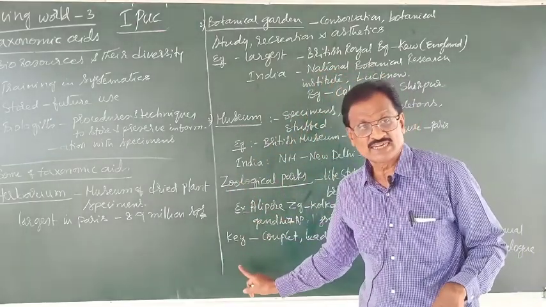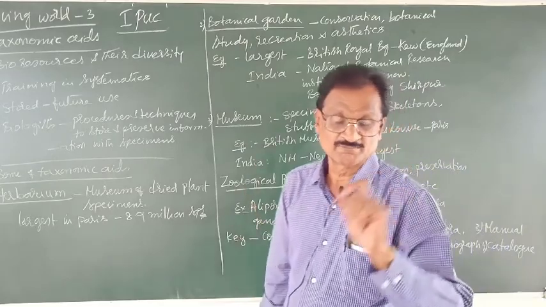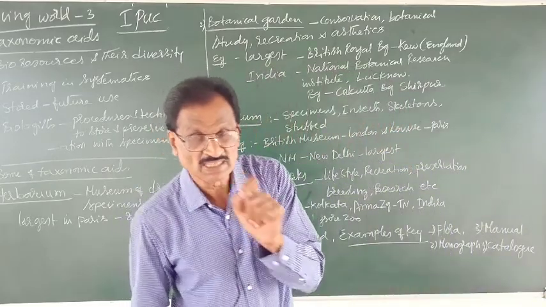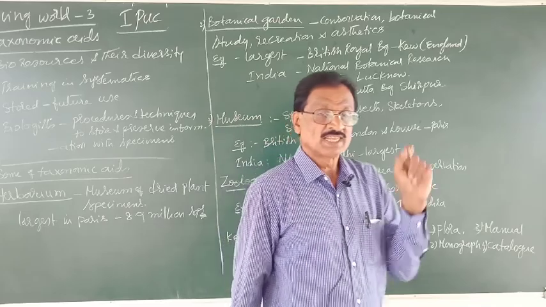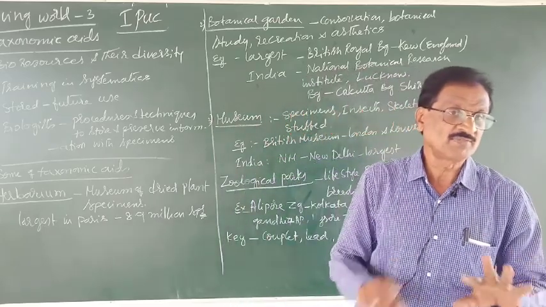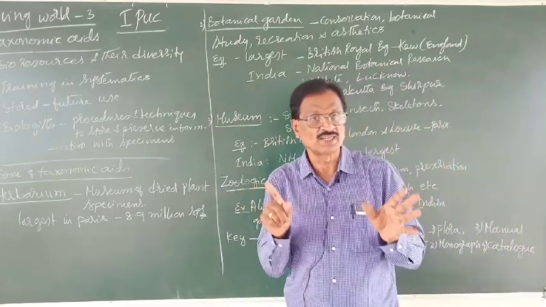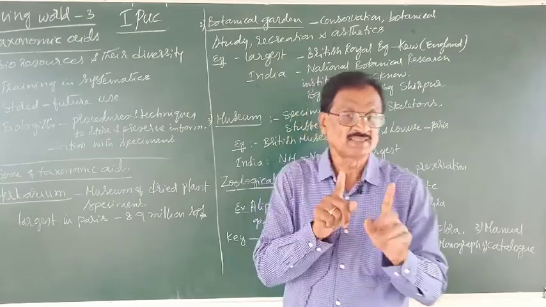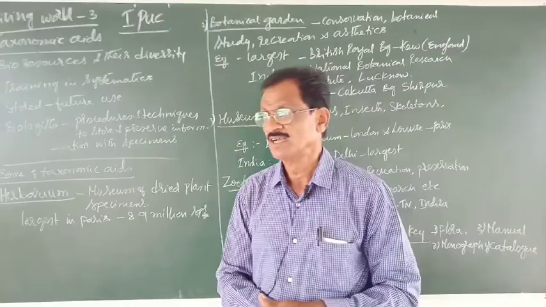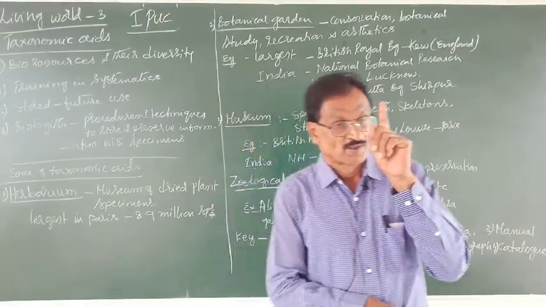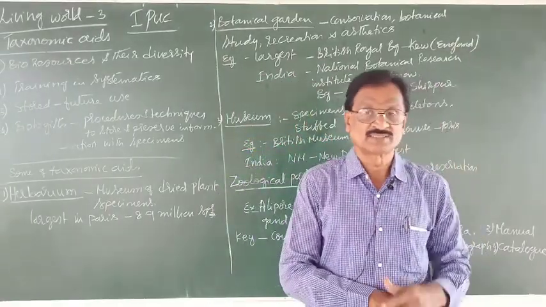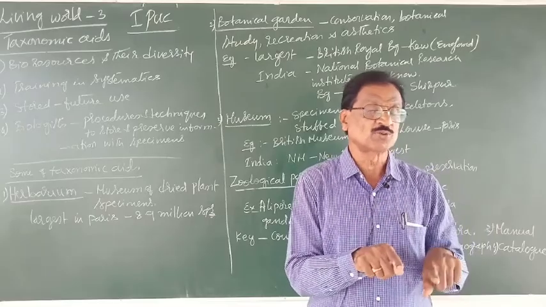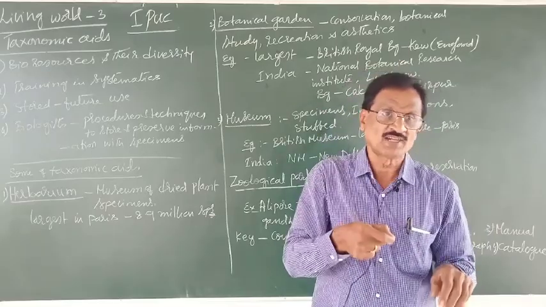Now lastly, let us take up the key. What is said to be the key here? Key provides us information about the plants and animals based on their similarities and dissimilarities. So, by key features, it is possible for us to list out what?